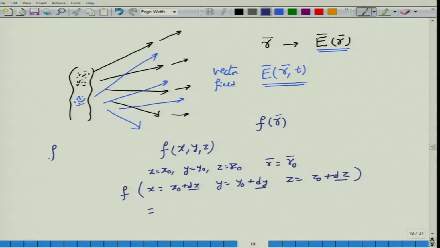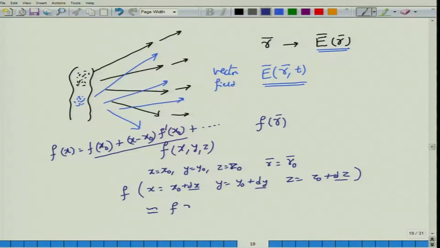So, f of x is given by f of x0 plus x minus x0 into f prime of x0 plus and so on. If I retain only the first two terms, then I know how to write f at x naught plus dx, y naught plus dy, z naught plus dz. That value is given by approximating with the Taylor series with only the first term involved.